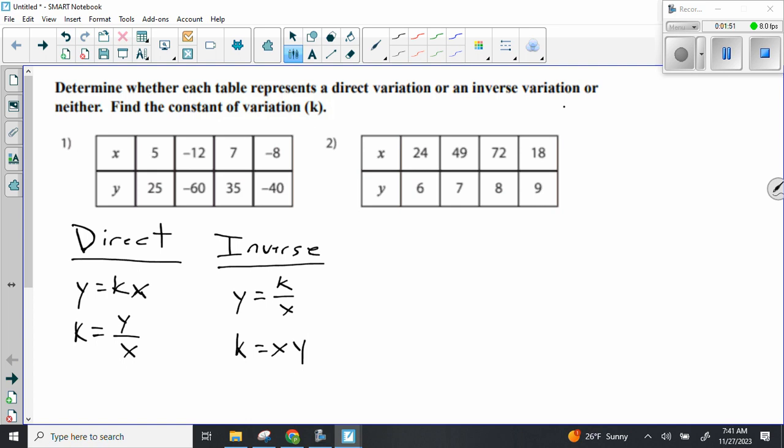From 25 to negative 60, that is negative 60 plus 25, or 85. But now we're going back up here, so I suspect this does not have a direct variation, because now we've got 95. That's weird, right?